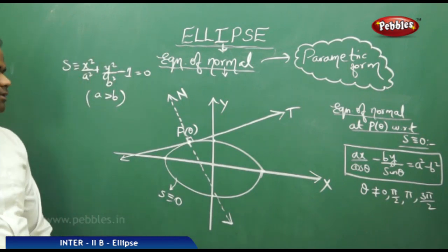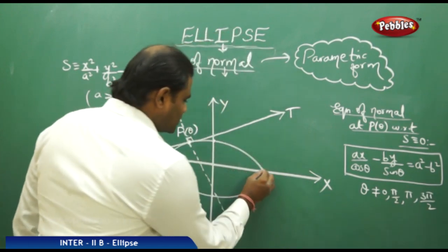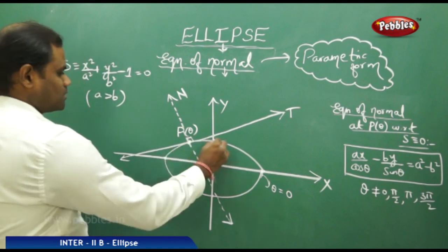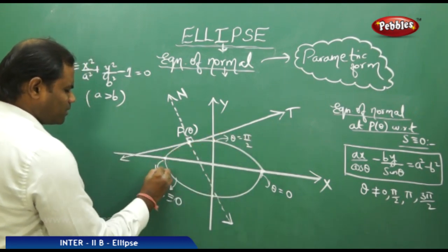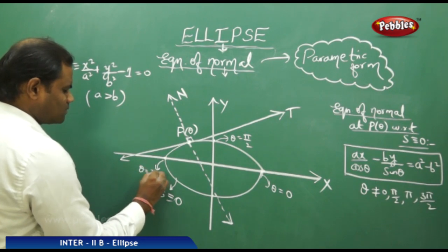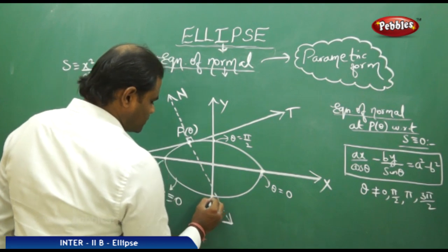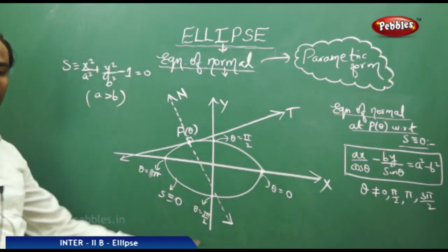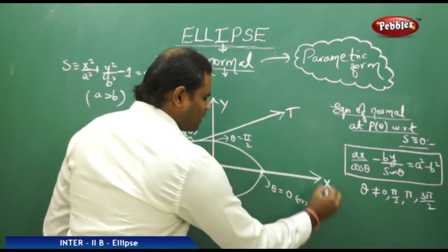The reason is, at this point theta is 0, and at this point theta is pi by 2, and at this point theta is pi, and at this point theta is 270, that is 3 pi by 2, and here it is 0 or 2 pi.